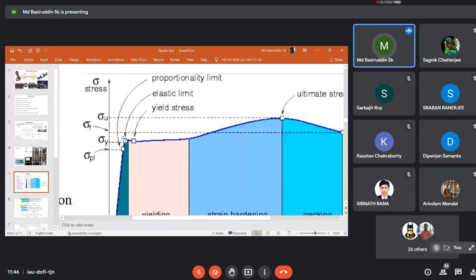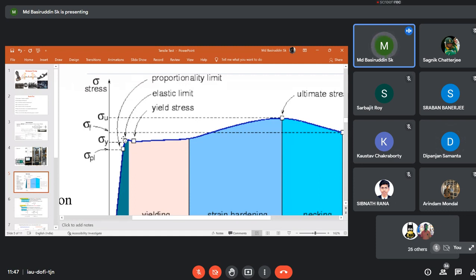Now, in certain cases we will find that the strain at the elastic limit is very negligible. In certain cases you may not be able to see or identify the elastic limit.